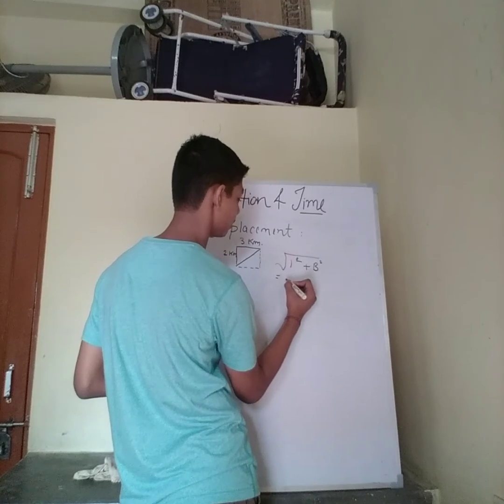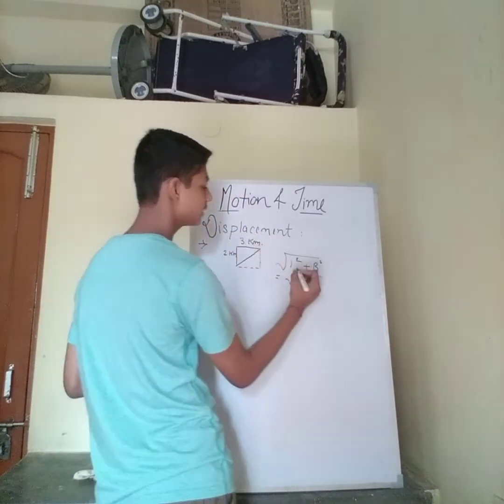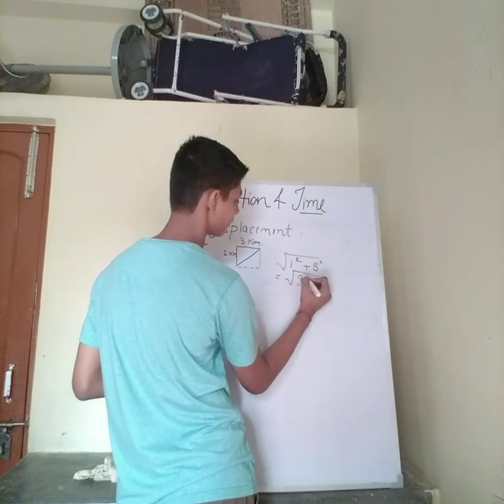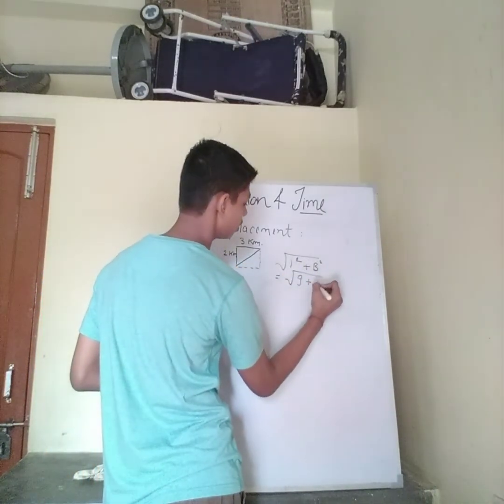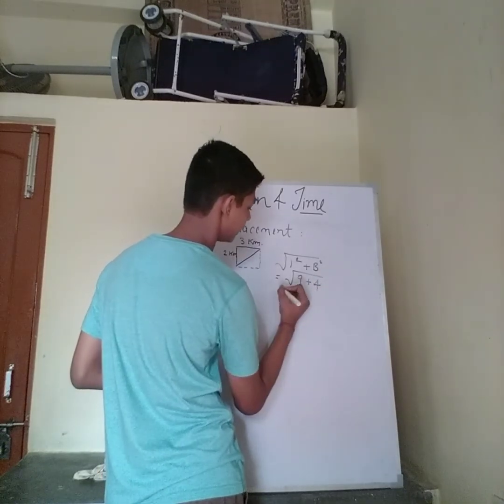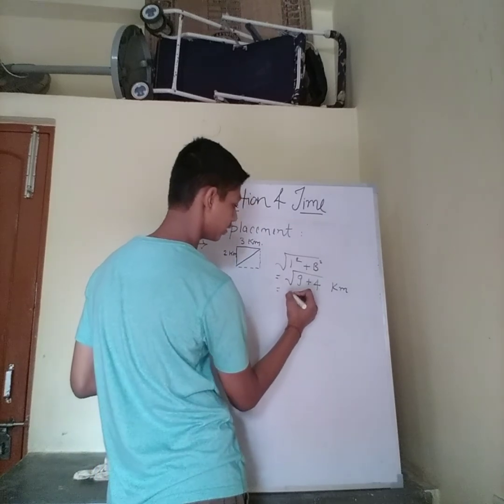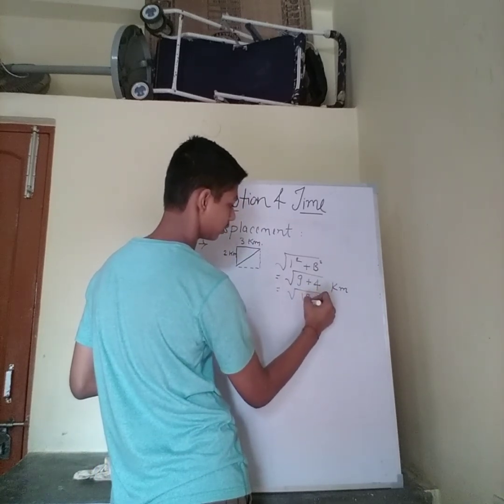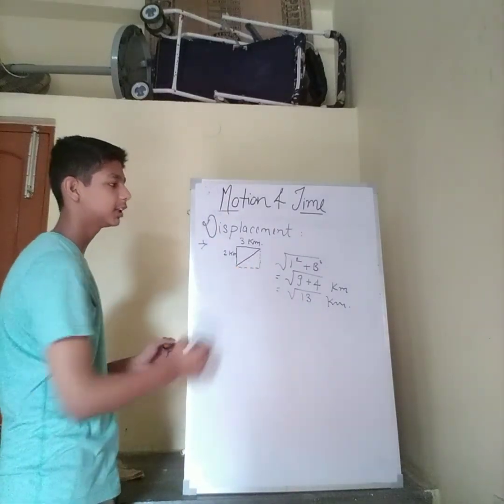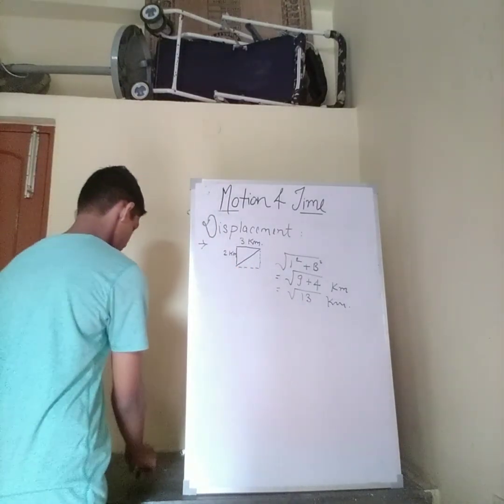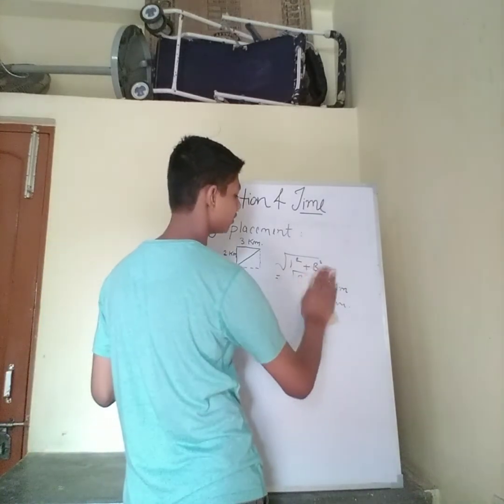Our length is 3, so L square is 9, and breadth is 2 kilometers, so B square is 4. The length of this will be root 13 kilometers. This is the first method to find the length of this path.